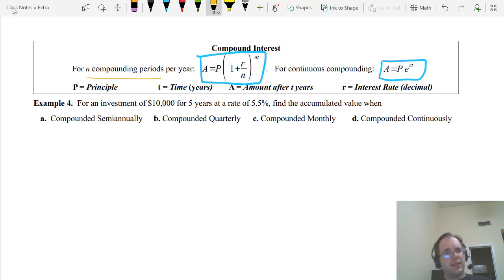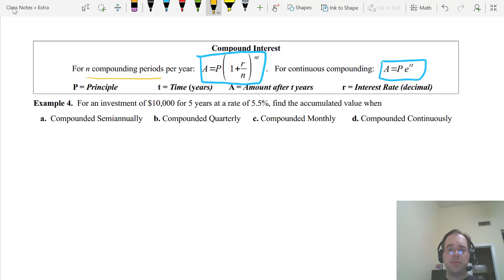Now what that means is we have compound interest, which works like this: you have a deposited amount of money in some investment, maybe a bank account, and it's earning interest. The interest that goes into the account then stays in the account, and when you get interest later on, it's paid not only on what you originally put into the account, but on all the interest that's been earned up to that point.